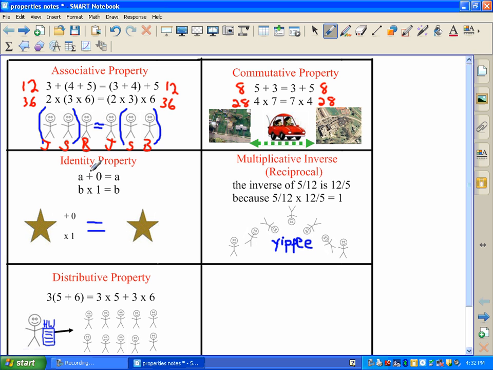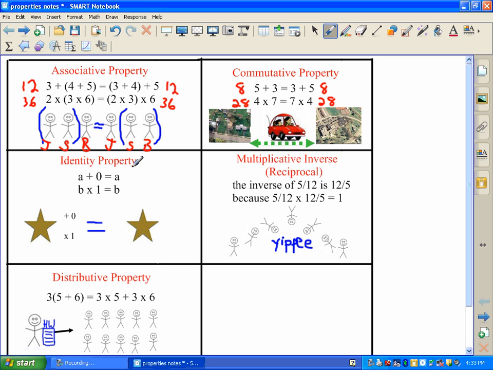Third property was the identity property. And we talked about in class that your identity is who you are. And you really don't change who you are as a person. You can change your looks, your name, whatever, but it doesn't actually change who you are. So we asked what number, if I'm adding, doesn't change anything, and that's 0.